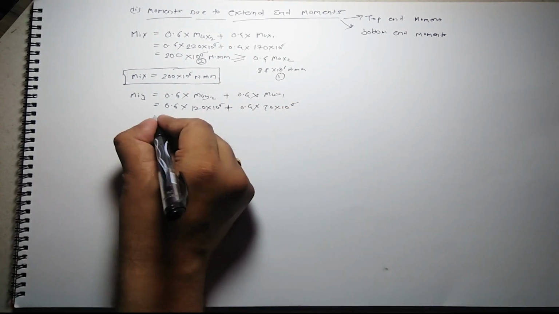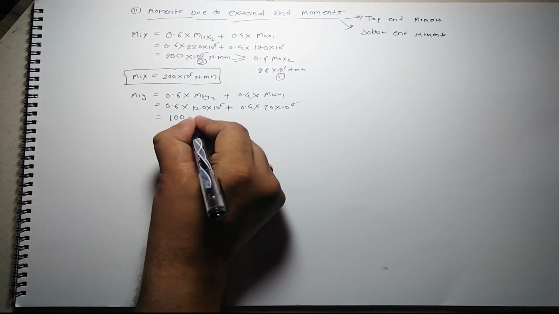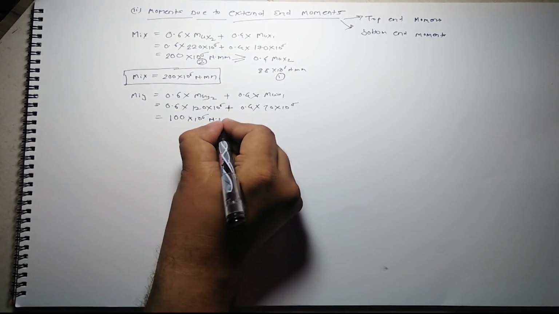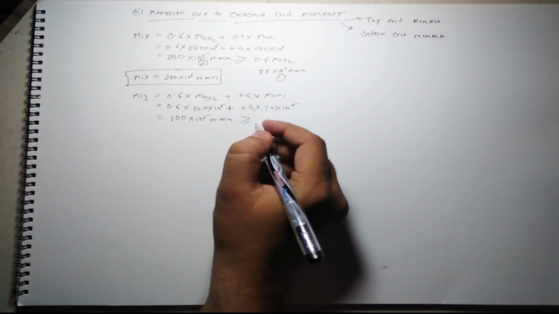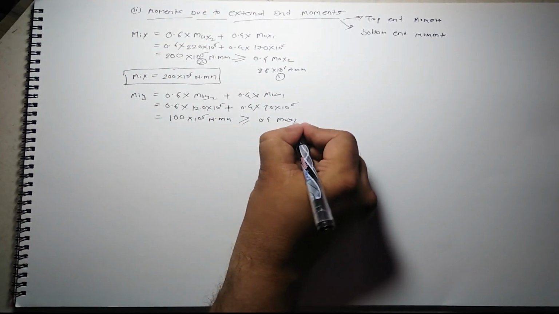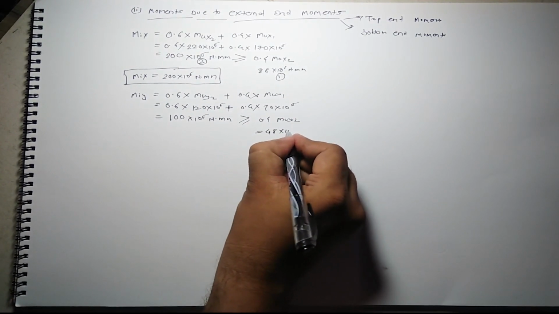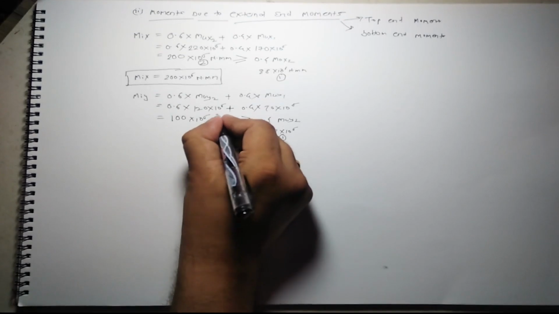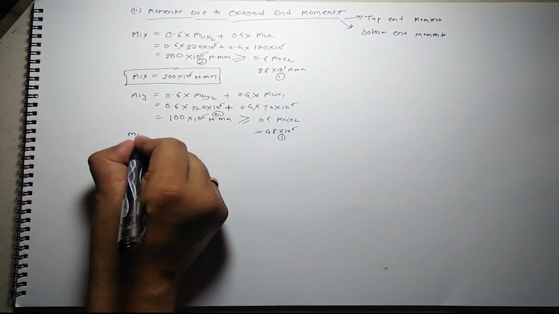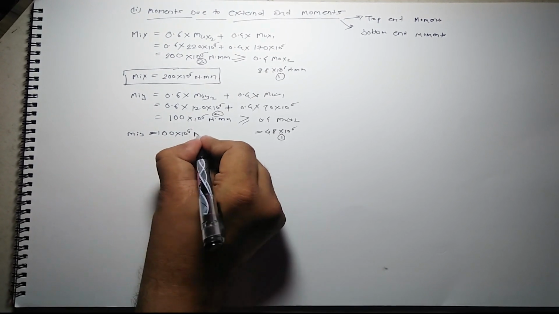It comes out to be something like 100 into 10 to the power 6 Newton mm. This value should also be greater than or equal to 0.4 times Muy2, so it comes out to be something like 48 into 10 to the power 6. From this first value and second value we will choose the maximum one. So Miy equals 100 into 10 to the power 6 Newton mm.